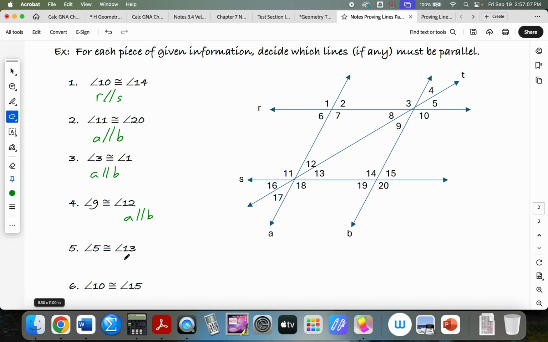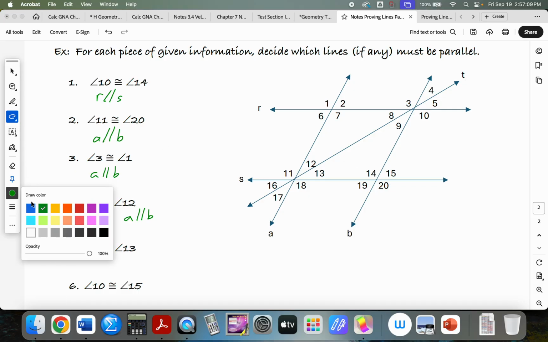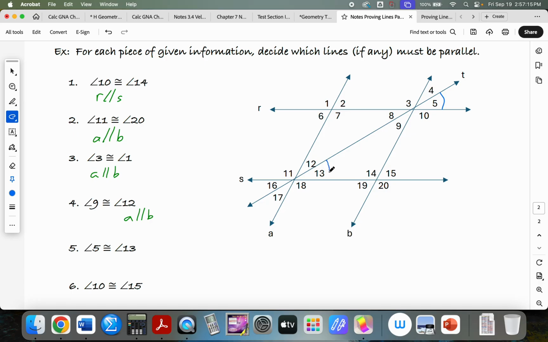All right, angle 5 is congruent to angle 13. So here's angle 5, and here's angle 13. Some people have difficulty seeing this one, and I understand why. There's just a lot of interference in between the two. But what type of angles are 5 and 13? They're corresponding.